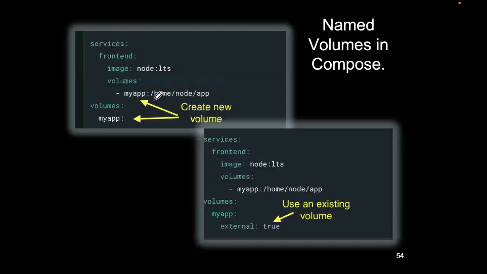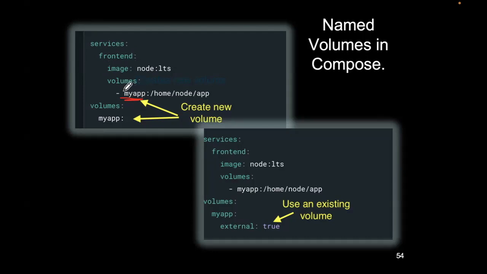A named volume is set up like this. Again, the assumption now is that this is an actual volume name. So this is a volume that you're linking to this particular service.